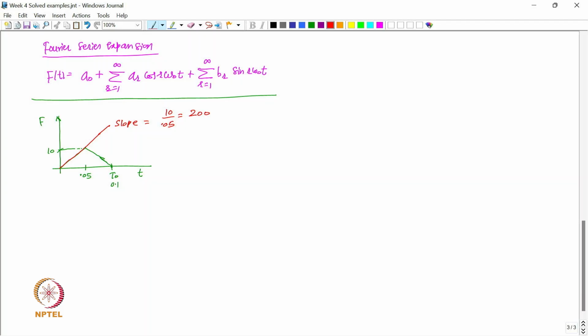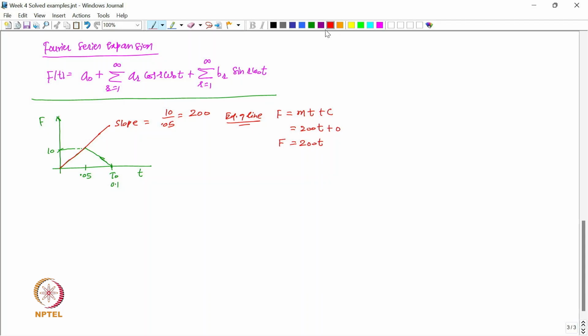That will be 1000 by 5, that is 200. Therefore, the equation of this line, as we know, is given by f is equal to mt plus c, and in the present case the slope is 200, so 200 t, and the intercept of this line is 0 because it passes through the origin. So, the equation of this line is essentially f is equal to 200 t.